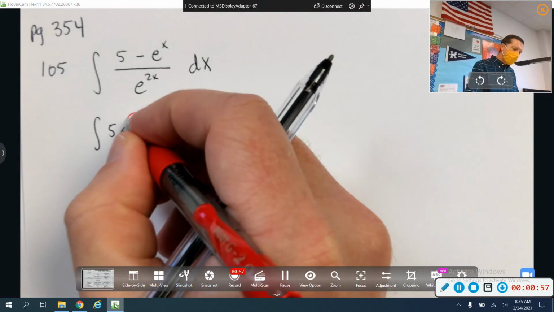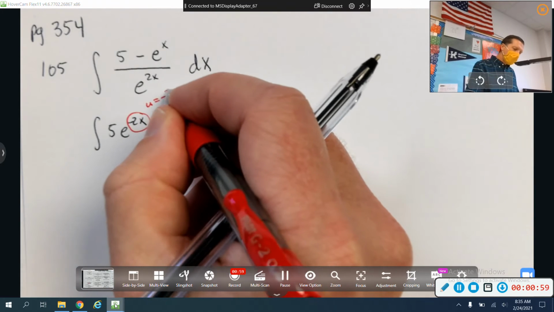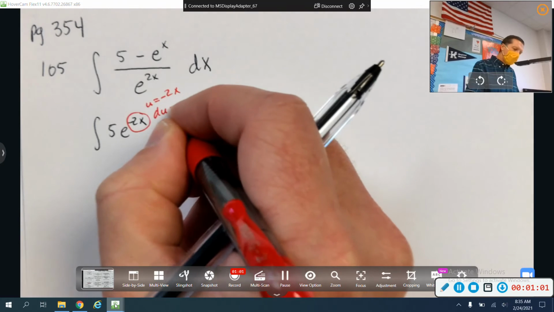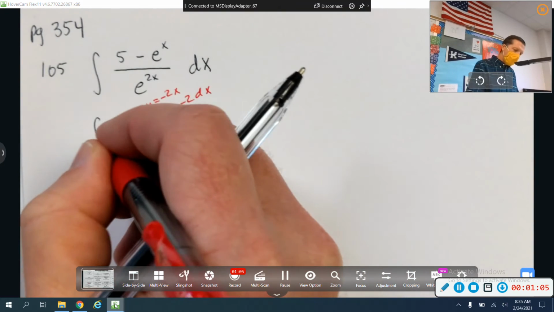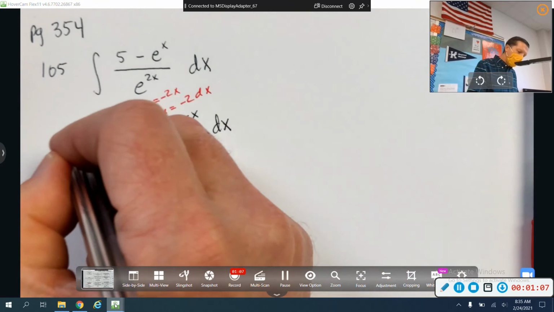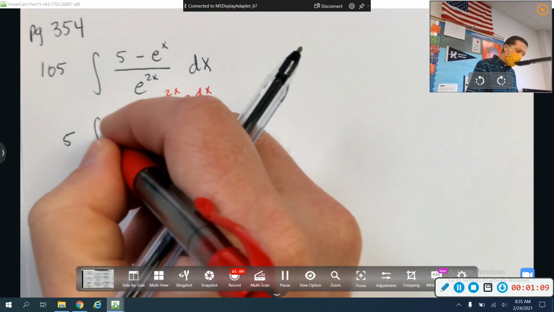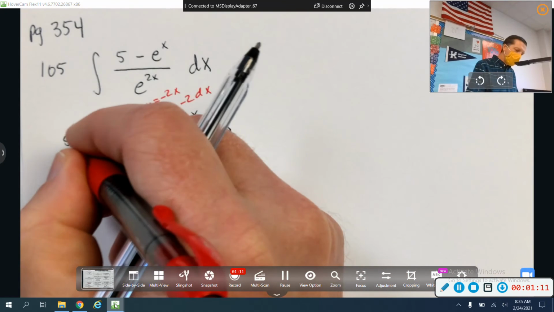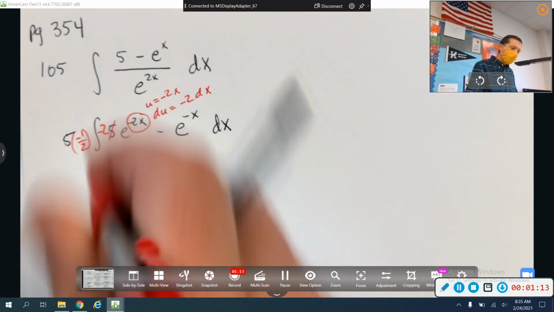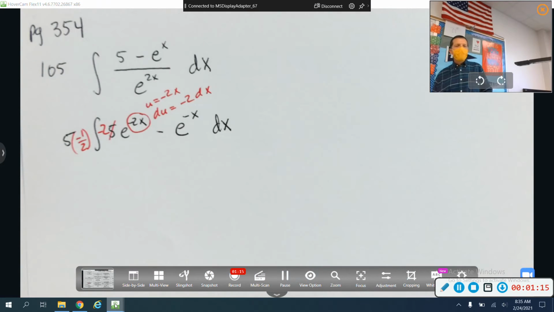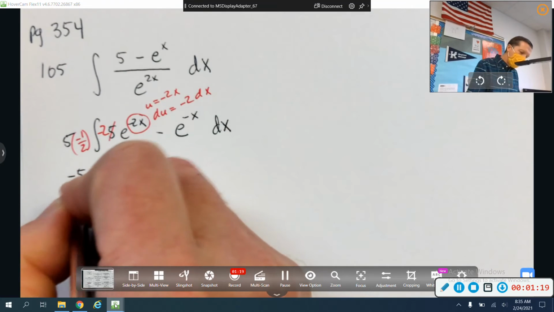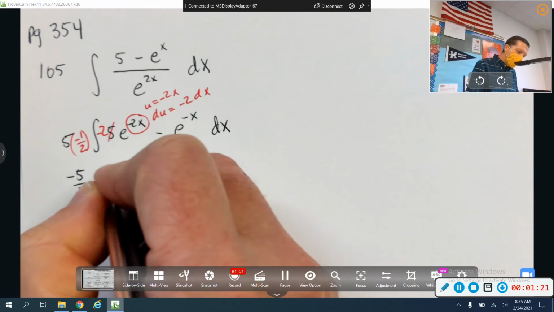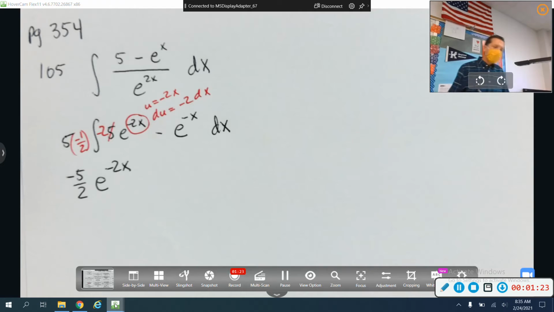Others are going to say u equals negative 2x, so du equals negative 2. So I'd move the 5 out front, put a negative 2 there and a negative 1/2 out front to counter the negative 2. So on this first one, I'd have negative 5/2 e to the negative 2x.